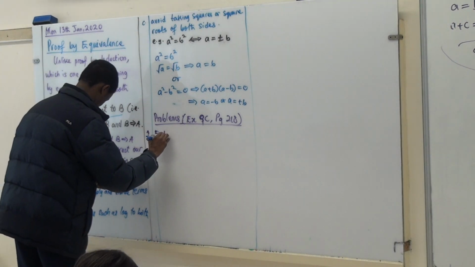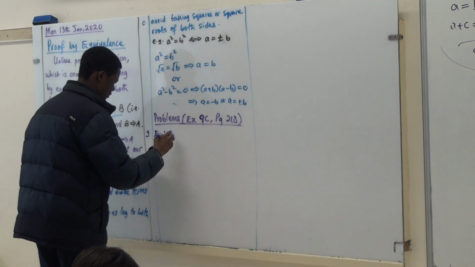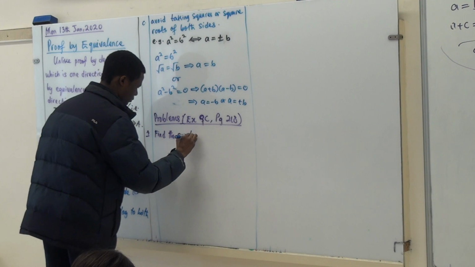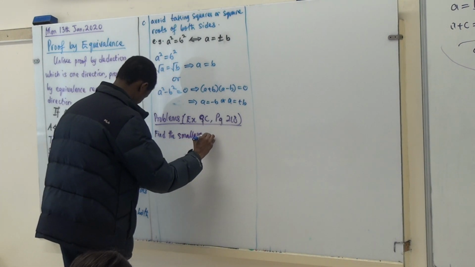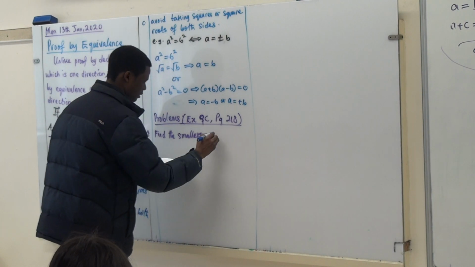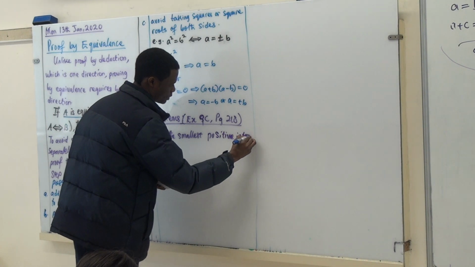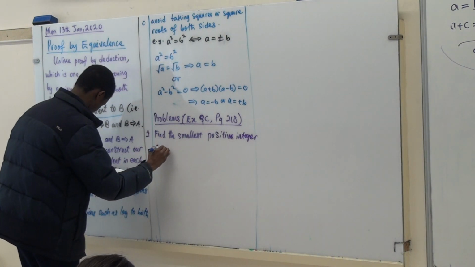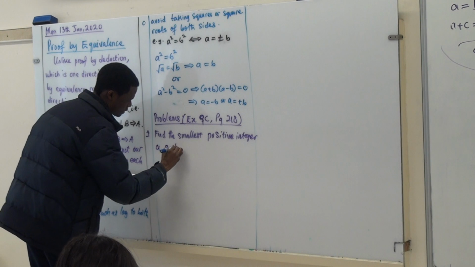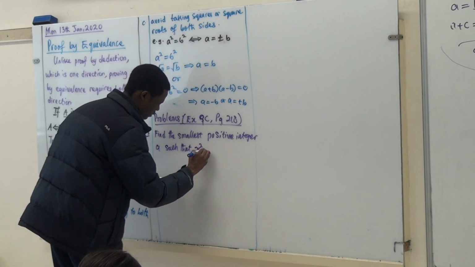Find the smallest positive integer a such that, well, that's not the exact language in the book, but that's okay.